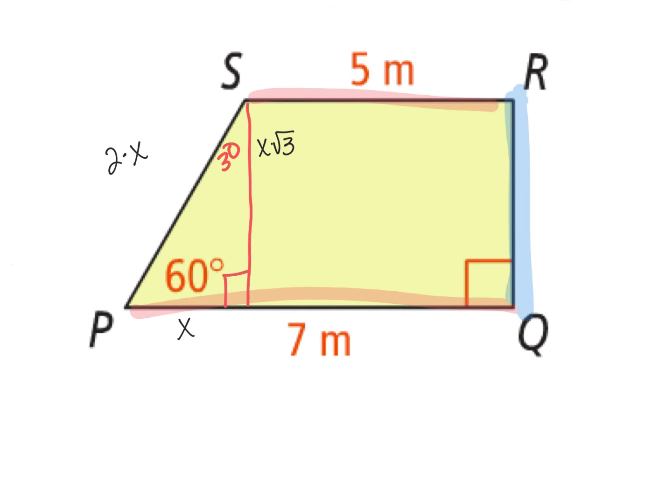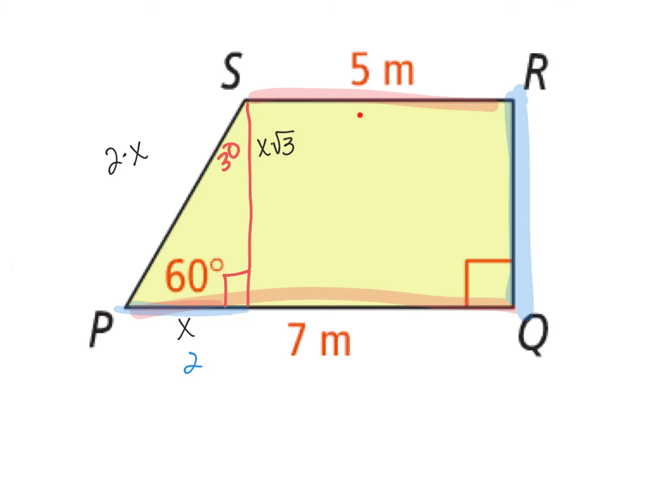Okay. Can I figure out what any of the sides are? The answer is yes. I can figure out what x is. So I know this side right here is going to be 2. And the reason I know that is because this whole thing right here on the top, SR, is 5, and the whole thing on the bottom is 7.